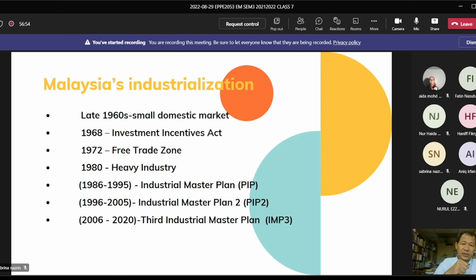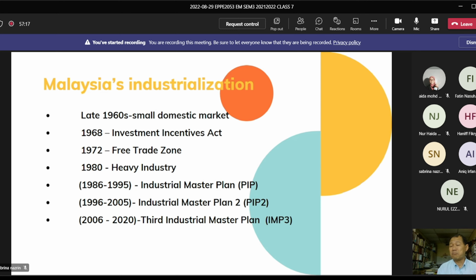The formation of Malaysia was 1963. So any law before that formation of Malaysia was considered as an ordinance.